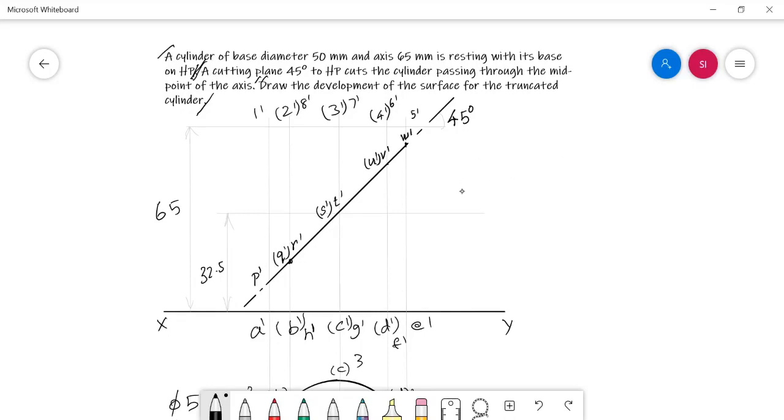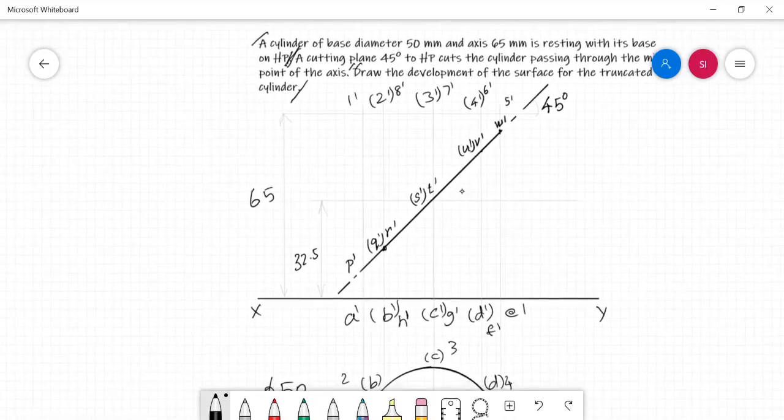And after that, as usual, we can mark the address of each and every cut point.